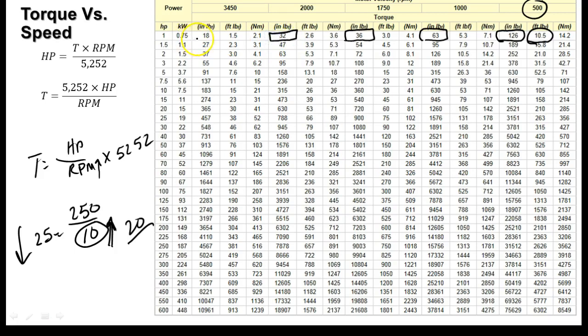So right here we're doing 1 horsepower, which is roughly 746 watts of power per horsepower. Well, let me erase this on the right hand side if I can get to my pen. It's right there.